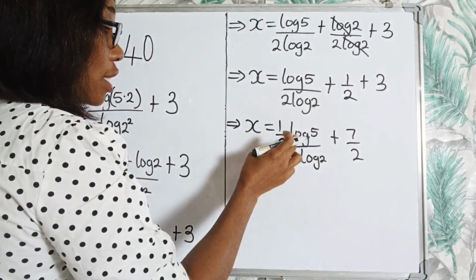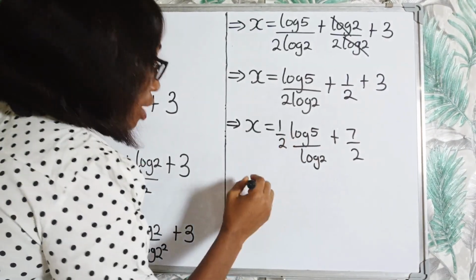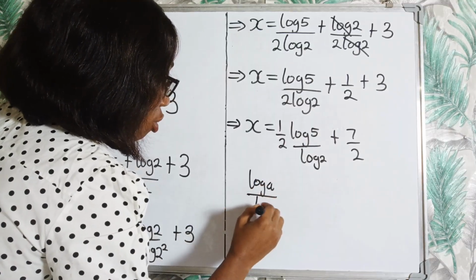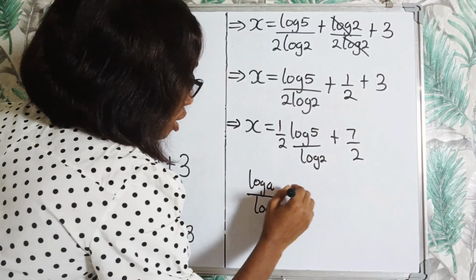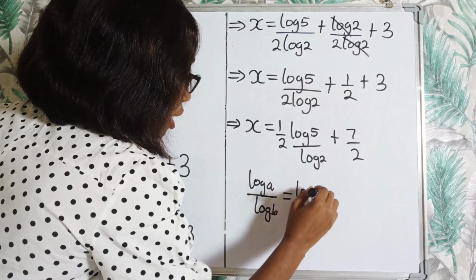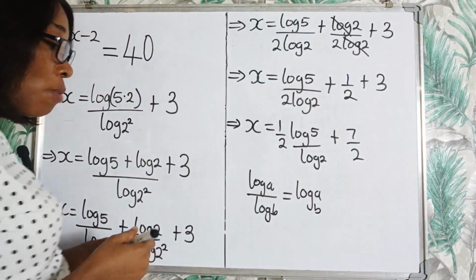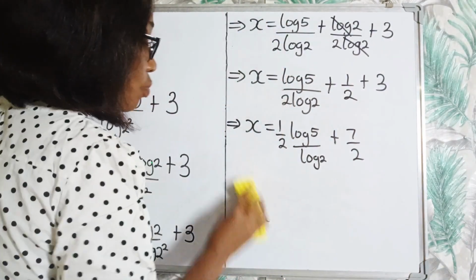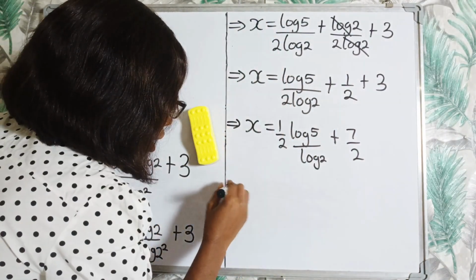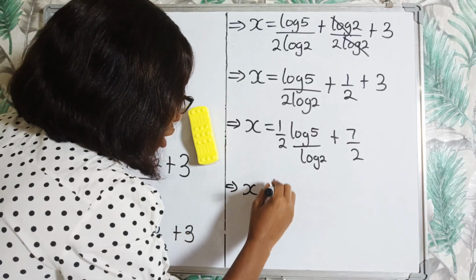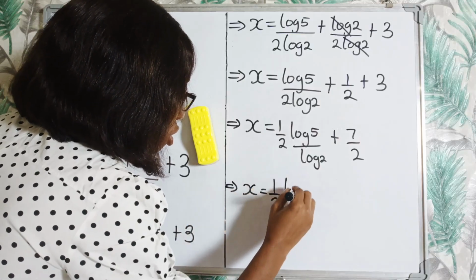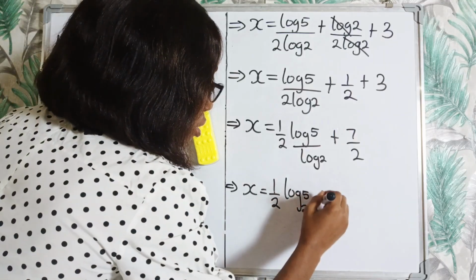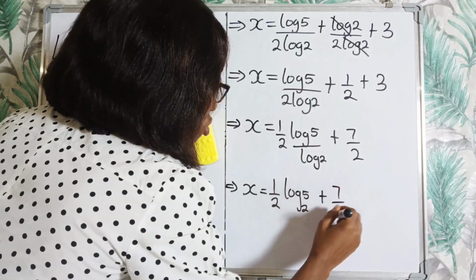So over here, we can apply change of base rule. For every log A divided by log B is equal to log A base B. So we are going to apply this change of base rule here. Okay, so now we have our x is equal to 1 over 2 log 5 base 2 plus 7 over 2.